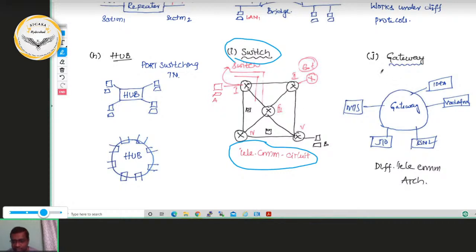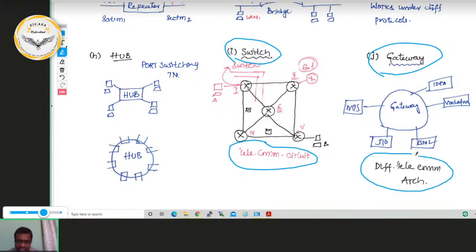Last one is called a gateway. So what do you mean by gateway? Gateway is nothing but a device which connects different telecommunication architectures. Like if you want to connect Idea, Vodafone, MTS, Jio, BSNL, etc., you need to use a gateway. If the gateway is not there, what will happen? Idea person will talk to Idea person, Vodafone will talk to Vodafone, BSNL will talk to BSNL only.